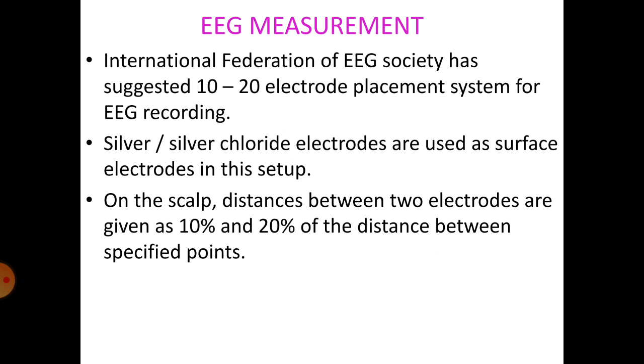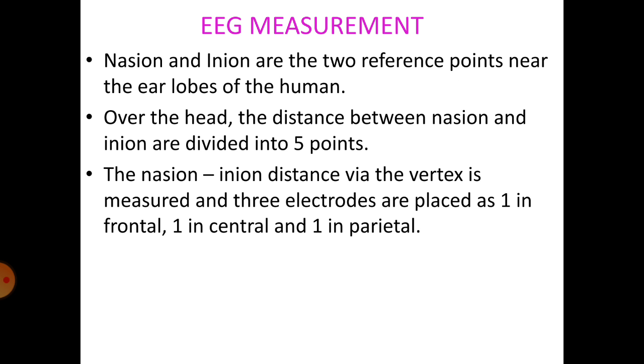For that, silver chloride electrodes are used as surface electrodes in this setup. The distance between two electrodes is given as 10% and 20% of the distance between specified points. Nasion and inion are the two reference points.